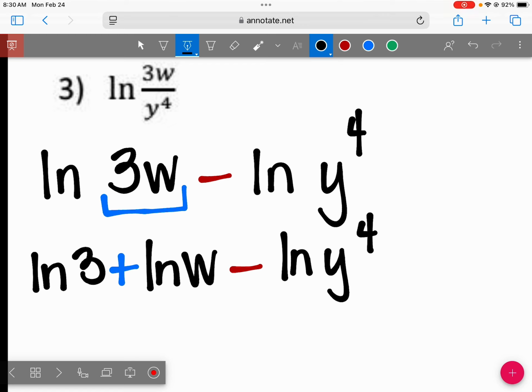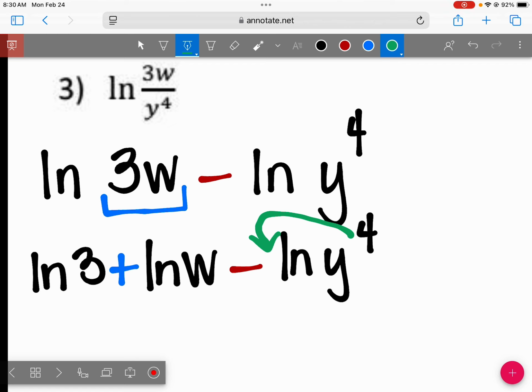The last thing we need to do is look for any exponents. Do we have any exponents anywhere? Yes or no? Yeah, we do. This y has an exponent, so that 4 is just going to move and park itself right in front of that log.